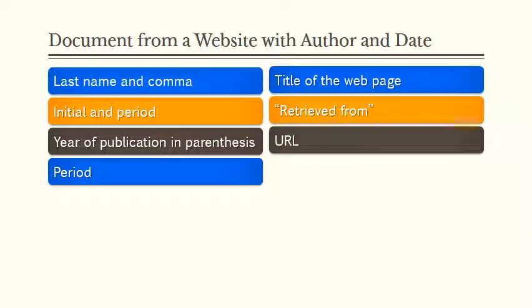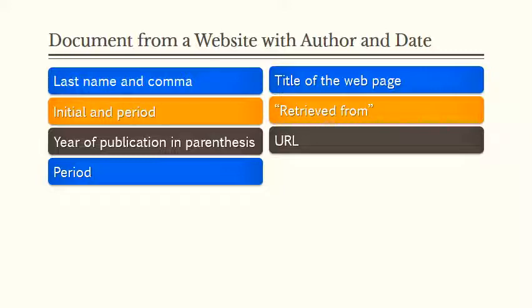To format a reference entry for a document from a website, start with the last name of the author followed by a comma. This is followed by the initial of the author's first name followed by a period. If the author has a middle name, the initial of the middle name is also entered followed by a period.